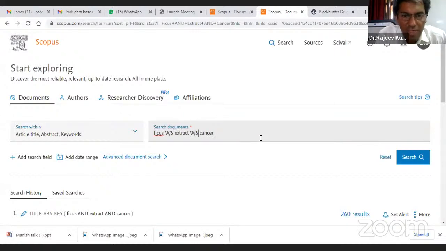W5 is a proximity operator, which will restrict my search to 5 words on the left of cancer and 5 words on the right of cancer. Similarly, if within 5 words on the right of the word ficus I find extract, it will be shortlisted. And 5 words towards the left of the word ficus, it will also be shortlisted. So these are called proximity operators.